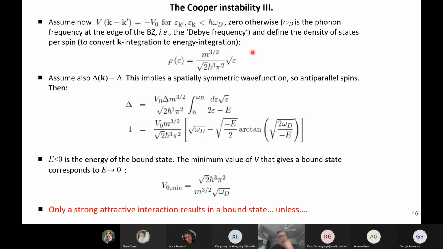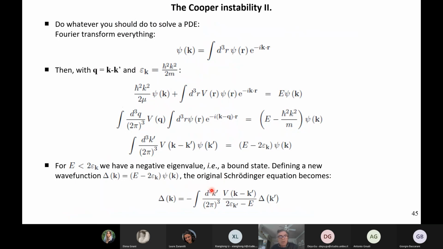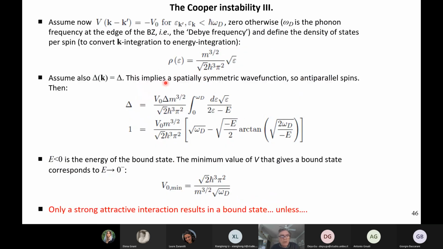I can do a little bit of algebra. I convert the integration over K over here to an integration over energy, assuming sphericity, which I have. I assume that this delta is a constant now, and I find that this potential V0 has to satisfy this equation. And I want to see when I can have a negative energy E over here.